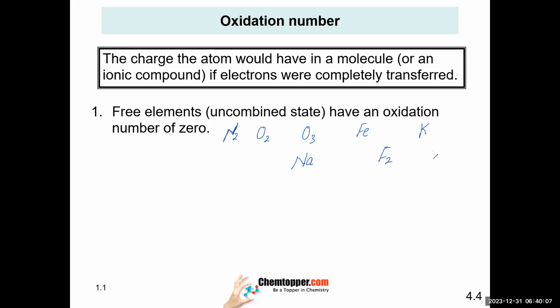F2, Cl2, I2, Br2, these are diatomic gases. Remember, this is a diatomic gas, this 1, 2, 3, 4, one more, H2. These are diatomic gases. This is solid. This we did in unit 3. This is liquid. We discussed everything, why it is liquid. This one is solid, this one is liquid, and these two are gases. IMF. So in all these cases, the oxidation number is 0.